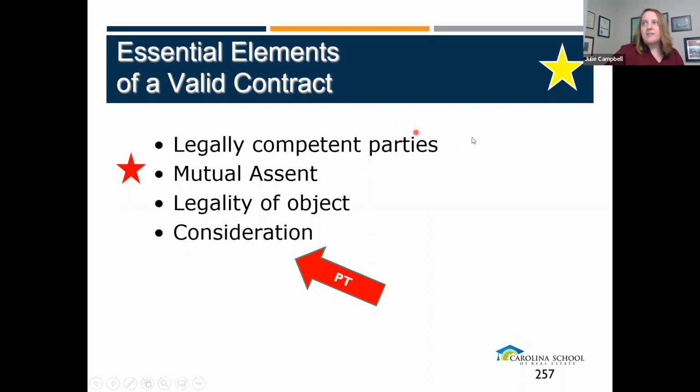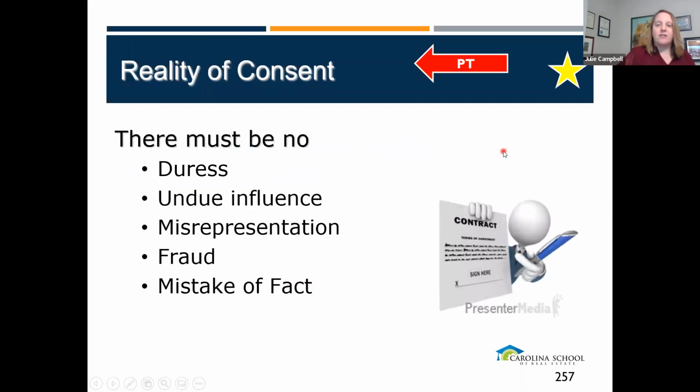Valid contracts also have to have reality of consent. So with reality of consent, there cannot be these things. There must be no duress. Duress is violence or threatening violence on a person to enter into the contract.